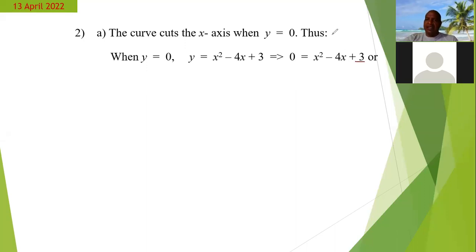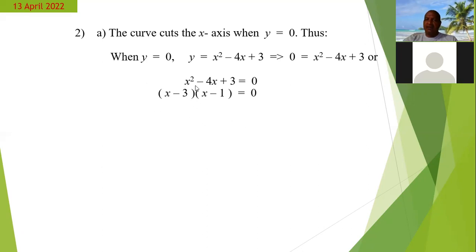In this case, it will be 2 negatives because the middle term is negative. So when we factorize this, we get x minus 3 times x minus 1. So these are the factors.